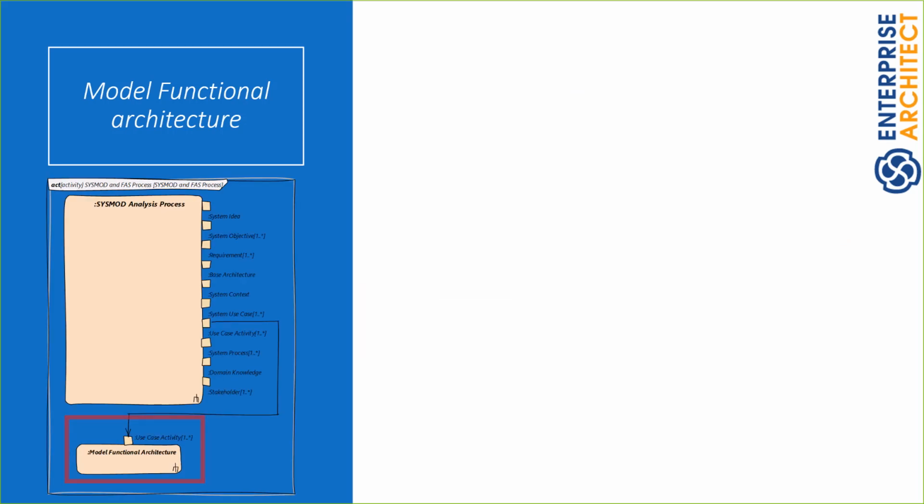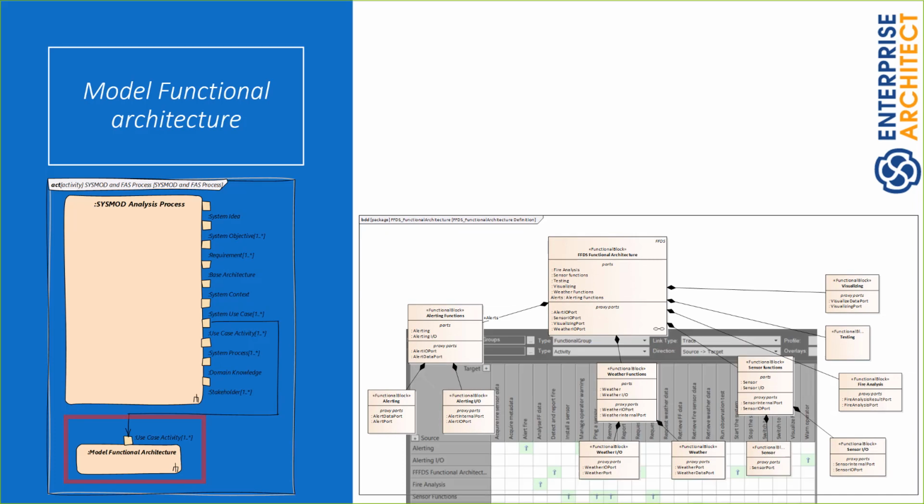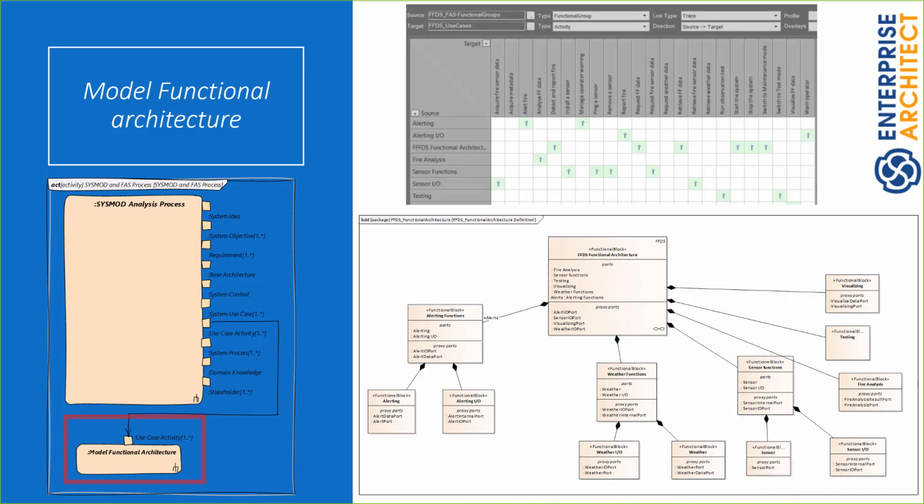However, functional architecture is independent of the technical implementation of the system, more stable across product families and generations, and a guidance to derive a sustainable physical architecture. The modeling of a functional architecture is out of the scope of SYSMOD. As I already mentioned, the method and the product functional architecture are parts of the so-called FAS method, what I was referring to before.